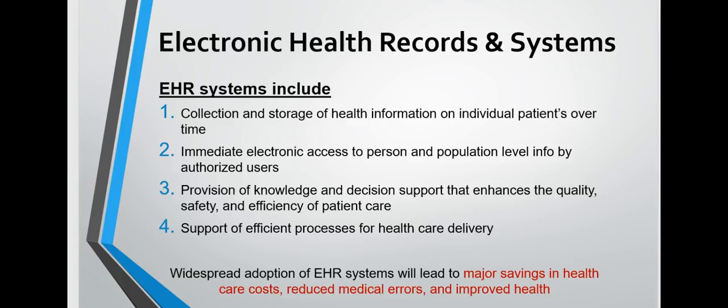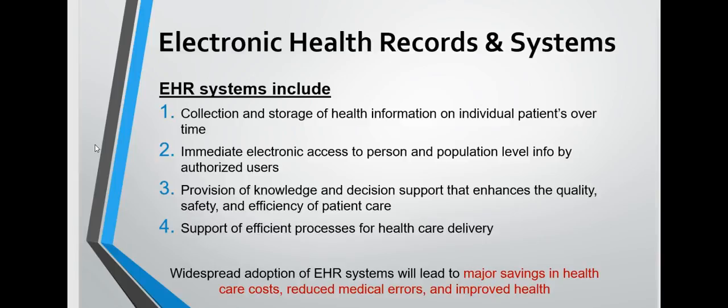All right, now the following slide provides four main components of a fully developed electronic health record system. According to the IOM, or Institute of Medicine, a fully developed EHR system includes four components. The first one is collection and storage of health information on individual patients over time, where health information is defined as information pertaining to the health of an individual or health care provided to an individual.